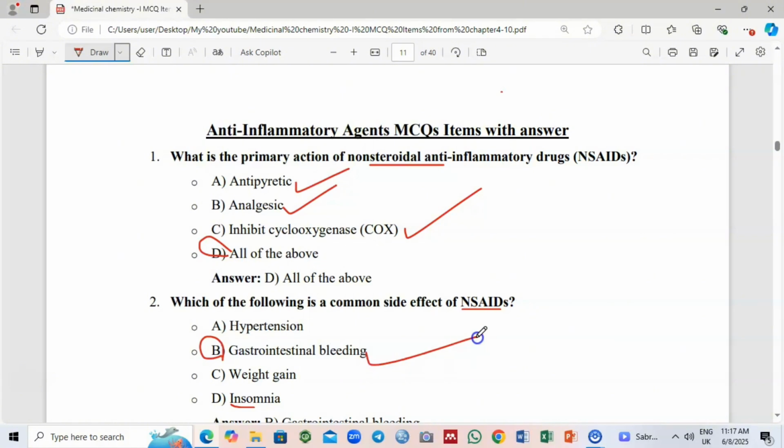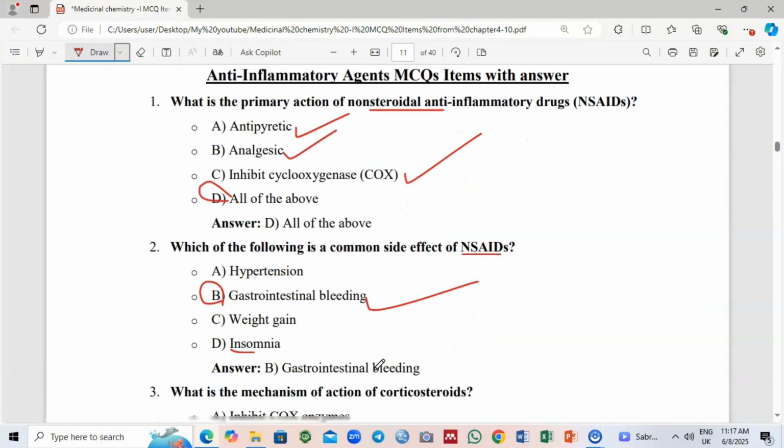Therefore, B is the correct answer, especially if you take aspirin, which is a cyclooxygenase 1 inhibitor, the class of NSAID best associated with gastrointestinal bleeding.